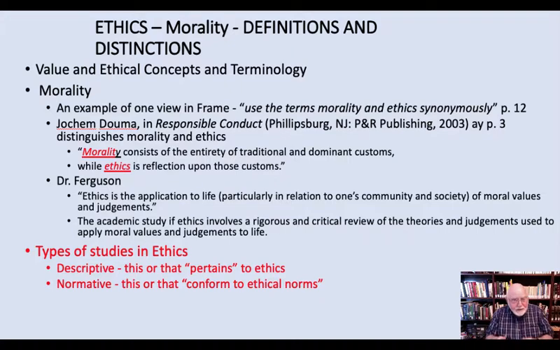And the academic study of ethics, as distinct from ethics in general, involves a rigorous and critical review of the theories and judgments used to apply those moral values. In other words, we're going to think about how people go about applying their values to ethical decisions and problems, and the quality of the reasoning associated with it, and that's the art of it. As a result, there are two approaches to ethics in the academic study of ethics.